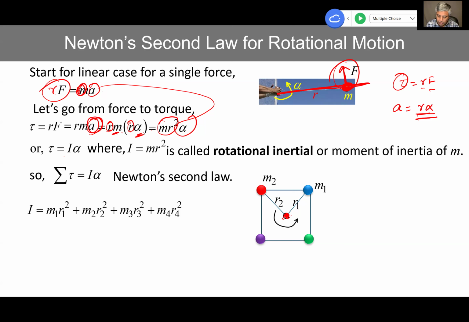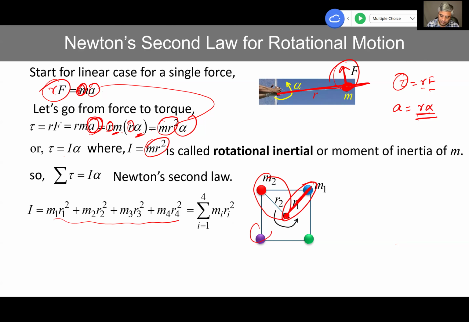We have now four masses. For each mass, rotational inertia is mr square. So if there are four masses, we calculate rotational inertia for each of the masses and add them together. So since there are four masses, we do that, and that is the rotational inertia. If there are more than four masses or just two masses, the process is the same. You just keep adding and adding and adding, okay?